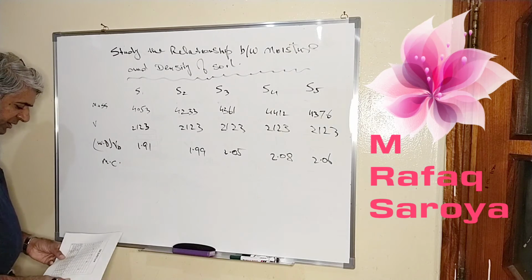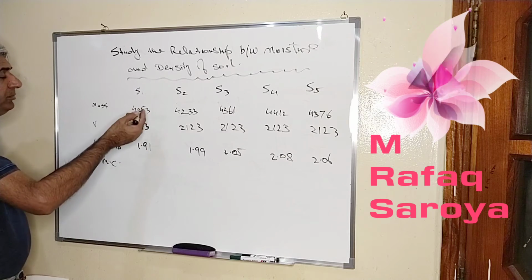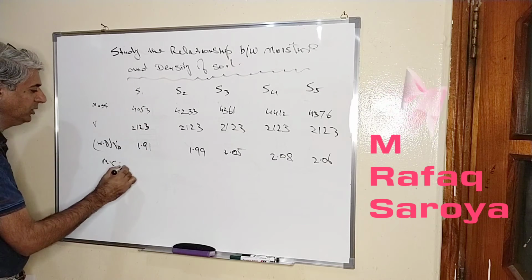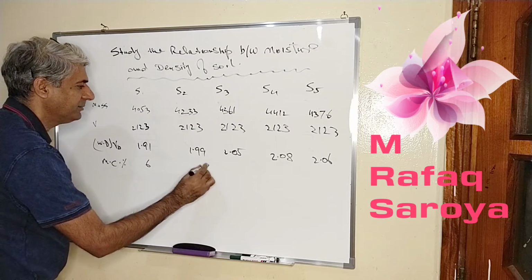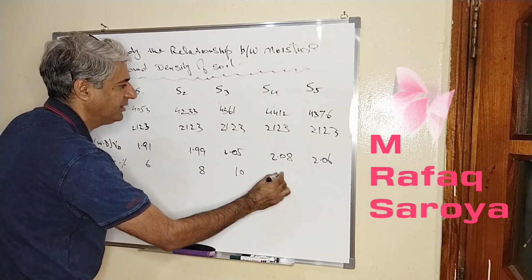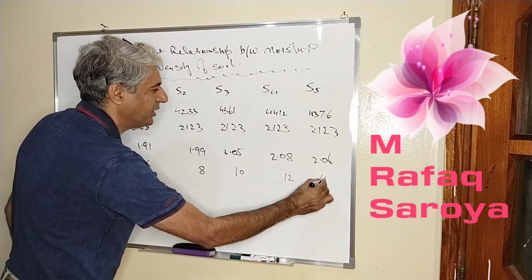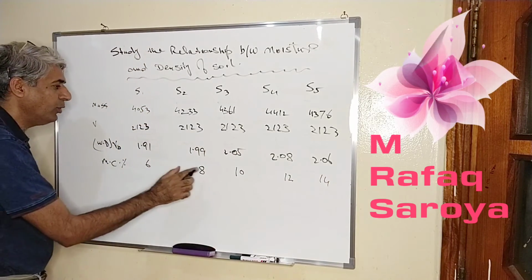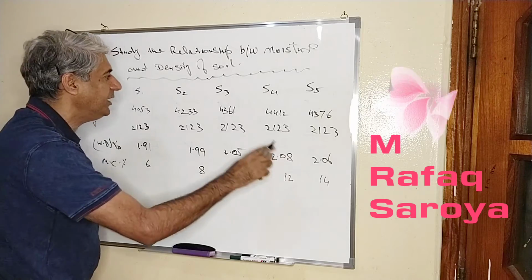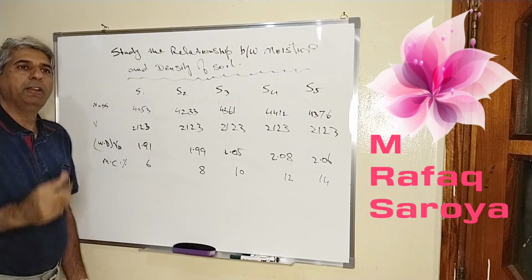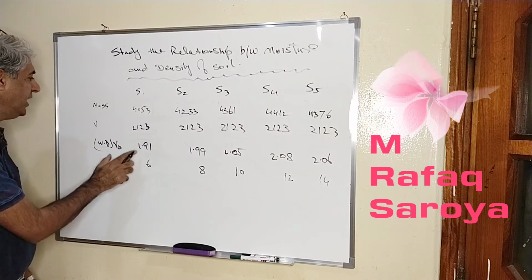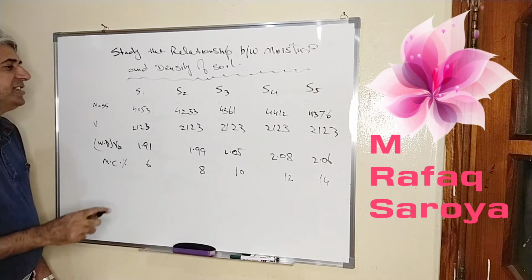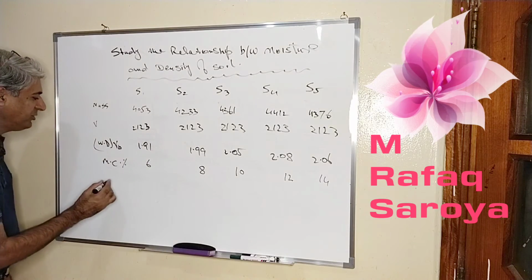This moisture content, which we have found out by the method which I showed you, is in percentage. It is 6, 8, 10, 12, 14. This is the amount of moisture content measured from the soil on which compaction is being applied. After finding this moisture content and this wet density, we can find out the dry density gamma D.